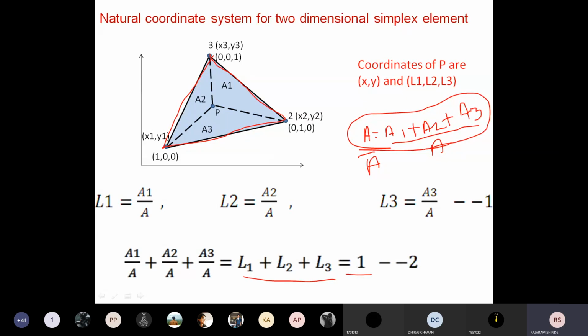We agree with this. Therefore, the addition of natural coordinates at any point on the element is equal to 1. Have you got this equation number 2? Rishikesh Kumbar, have you got equation number 2?